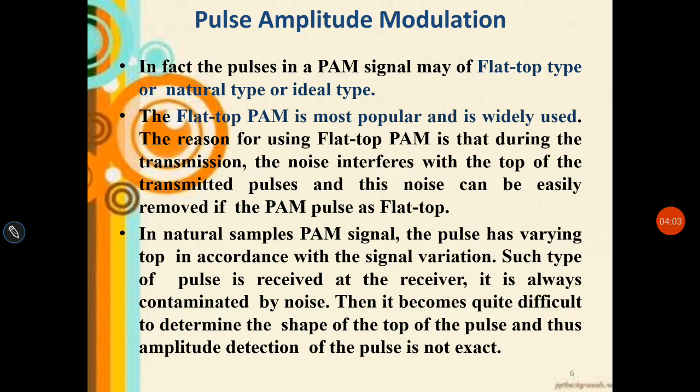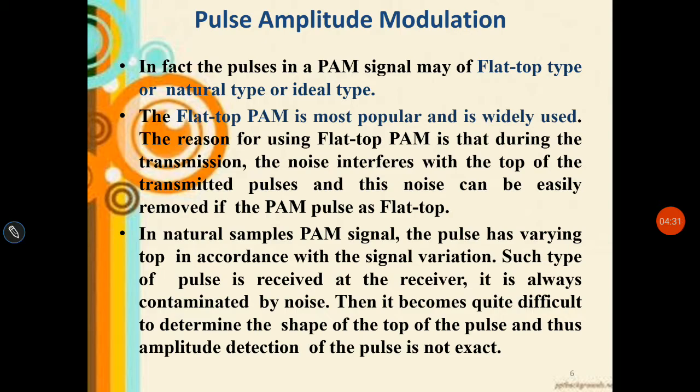The flat top PAM is most popular and widely used because during transmission, the noise interferes with the top of the transmitted pulses. So all the noise is accumulated in the top of the pulses, and this noise can easily be removed if the PAM pulses are flat top.